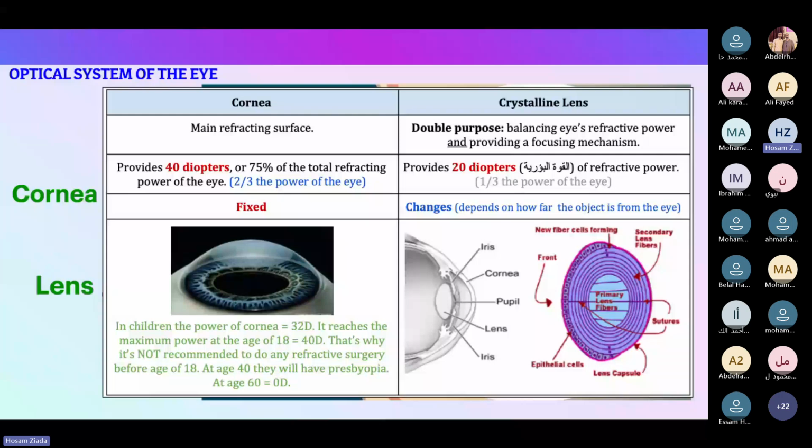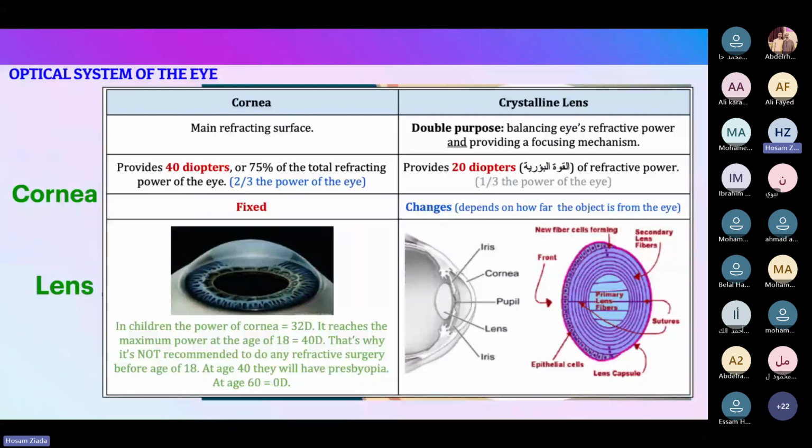In children, the power of the cornea is 32 diopters. It reaches the maximum power at the age of 18, which is 40 diopters. So 18 is the age of vision stability. In our career, we are going to do refractive surgery like LASIK, ICL implantation, or other means at the age of 20 because it's the age of visual or refraction stability.